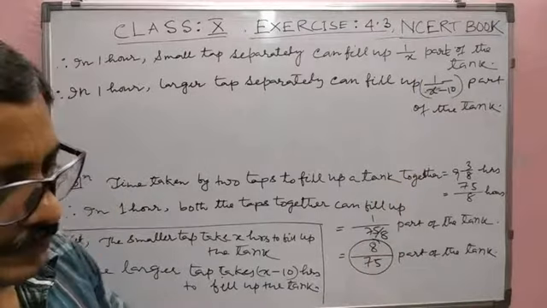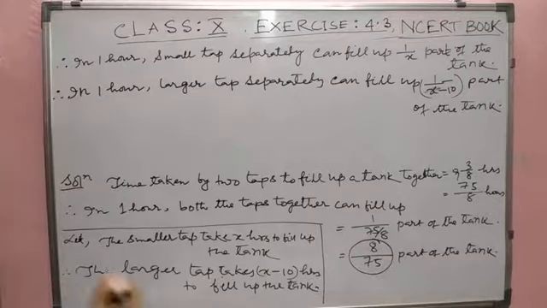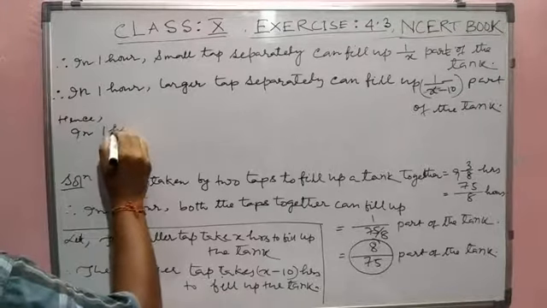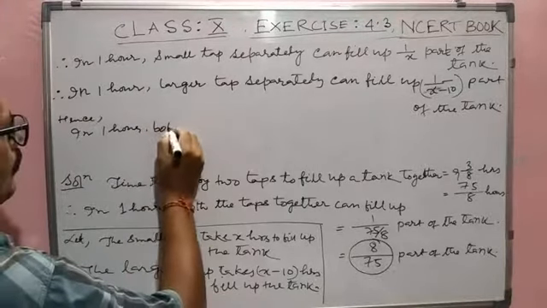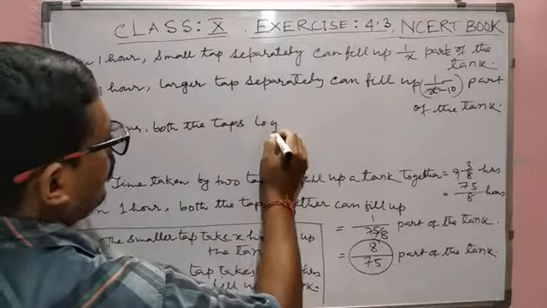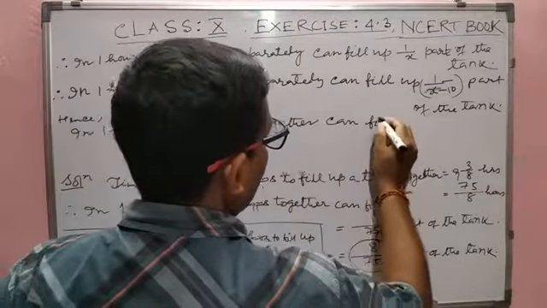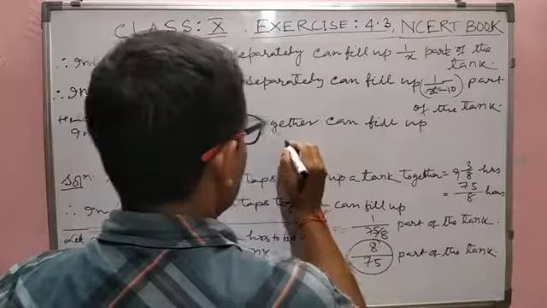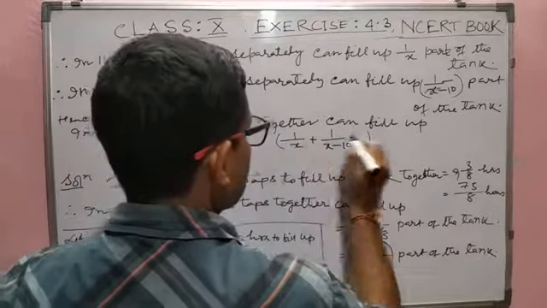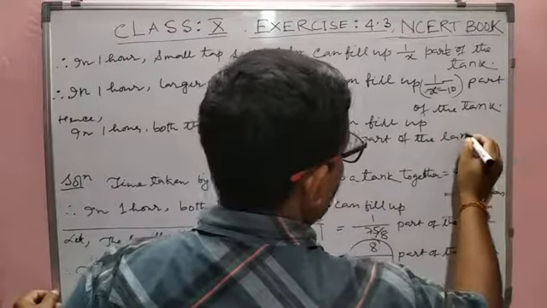So if we combine both the taps together, then what will happen? Hence in 1 hour both the taps together can fill up 1 by x plus 1 by x minus 10 part of the tank.